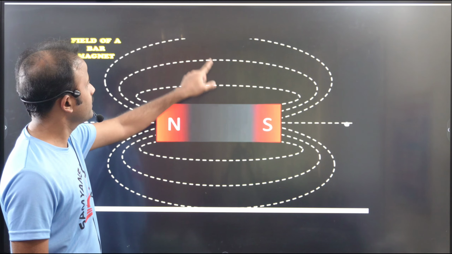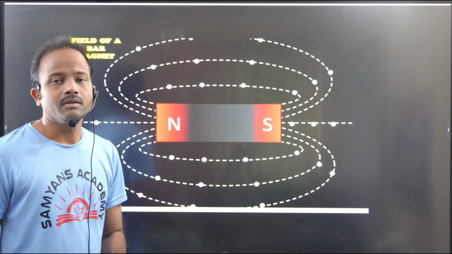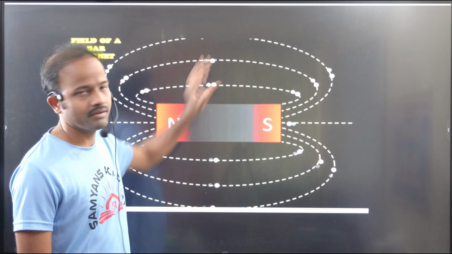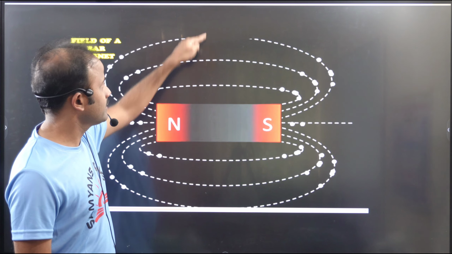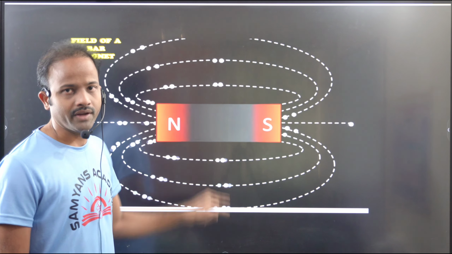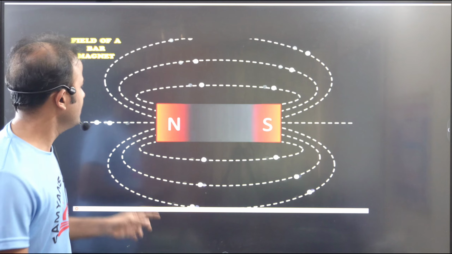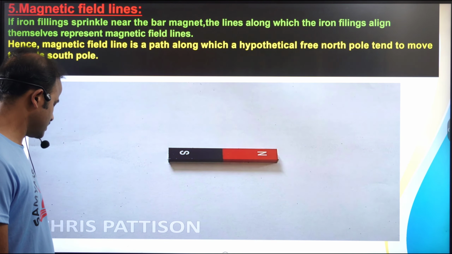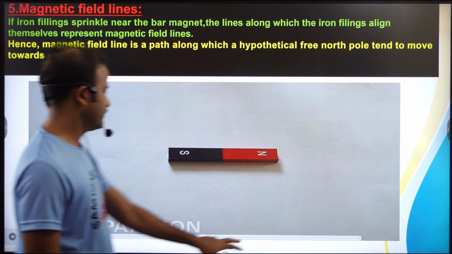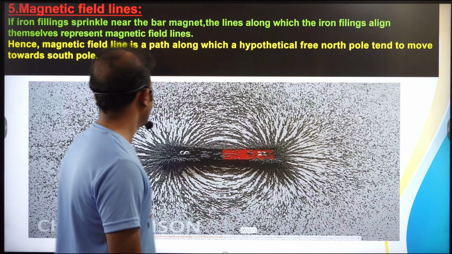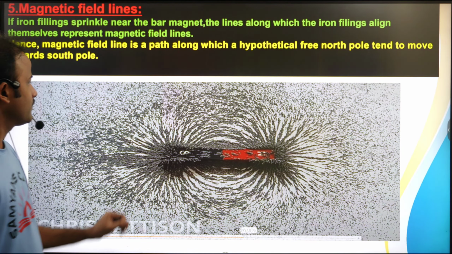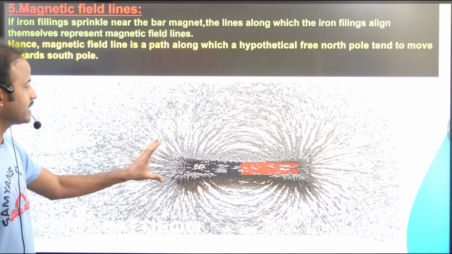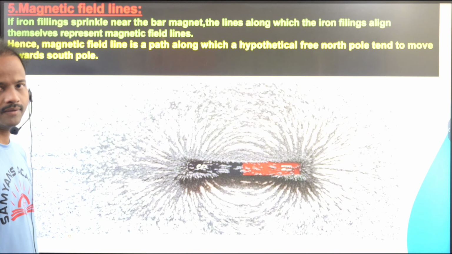That indicates that where the field lines are far apart, the magnetic field is less. In this region we feel less magnetic field. Where can we feel more magnetic field? At the poles. In this experiment also, we see the magnetic field lines are more at the poles, where we feel more magnetic field strength, right?